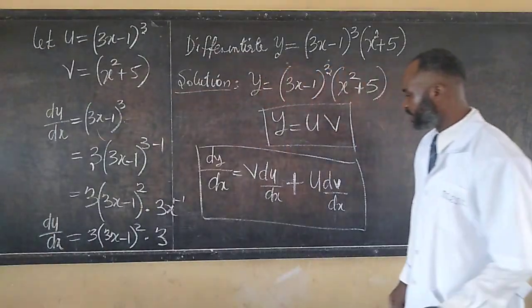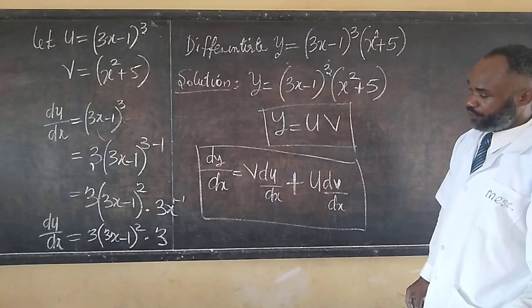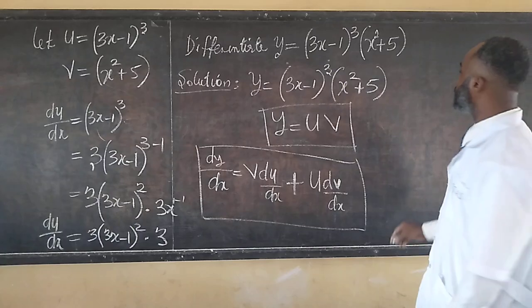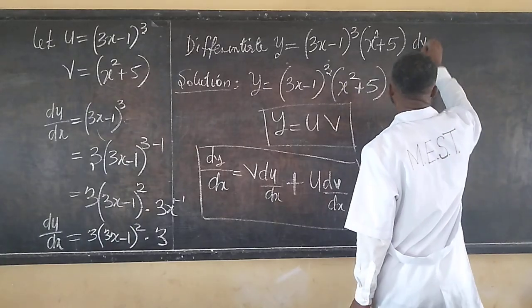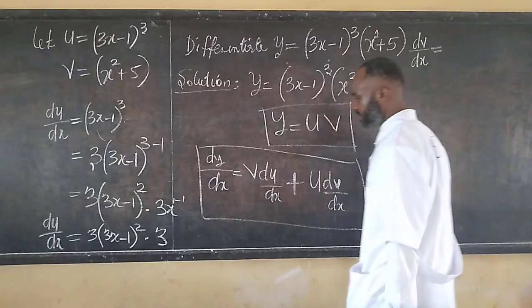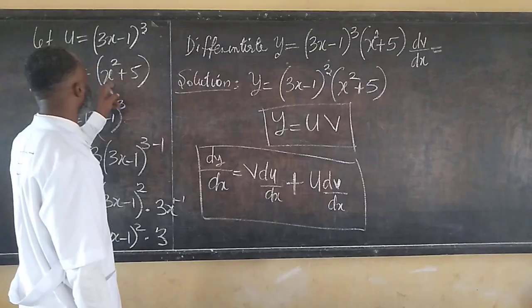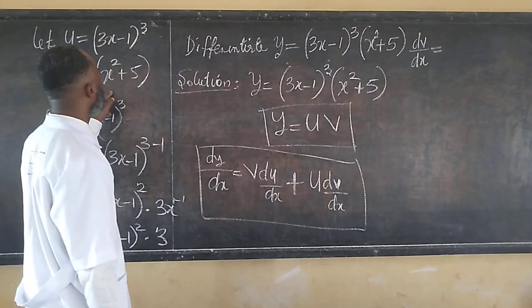Then the next target is to evaluate dv with respect to x. So let's do that. Differentiating v with respect to x, where is our v? Our v is given as x squared plus 5, so we don't have any problem here.